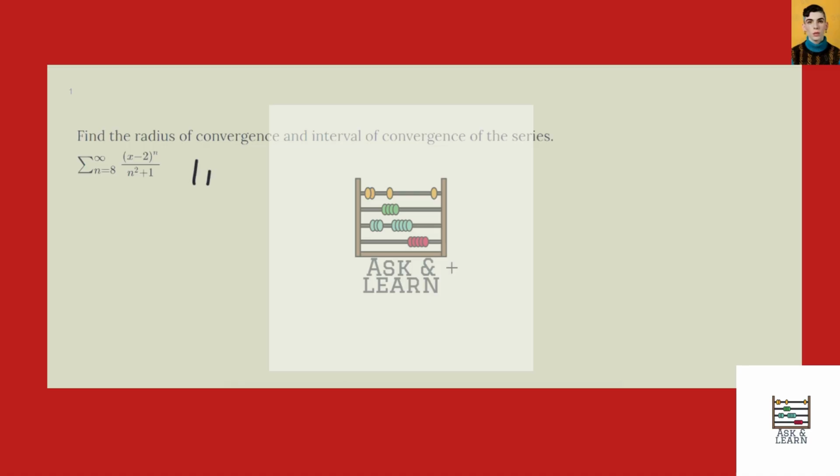Okay, for this problem, we'll use the ratio test to figure out when we get convergence here. For the ratio test, we do the limit as n goes to infinity of a_(n+1) over a_n, where the a_n term is this whole thing, so including the x values here.